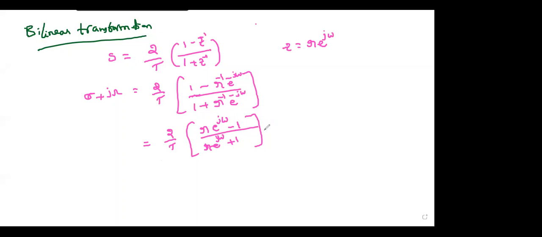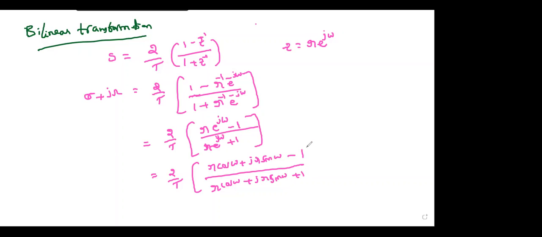Here e power j omega can be written as cos omega plus j sin omega. So we will write that: (r cos omega plus j r sin omega minus 1) divided by (r cos omega plus j r sin omega plus 1).